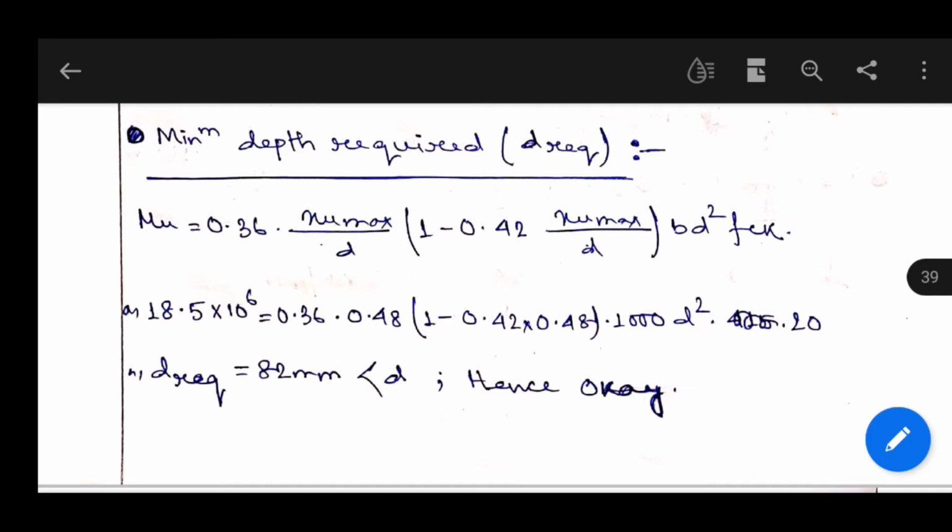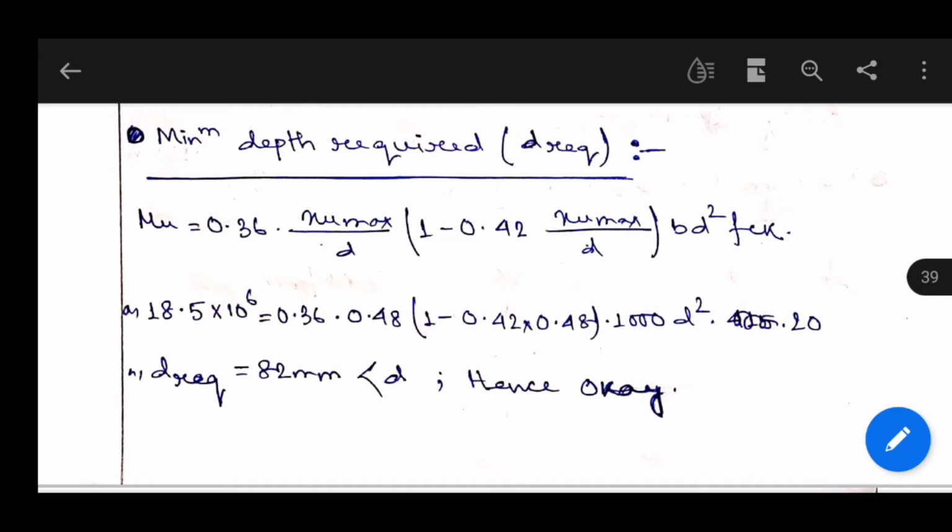So here the limiting moment is 18.5 into 10 to the power 6 as we calculated earlier is equals to 0.36 into xu max by d is 0.48 regarding the condition. The value of xu max by d we may find out just below clause number 38, and in this question Fe is 415, that's why xu max by d is 0.48, as per IS 456 2000.